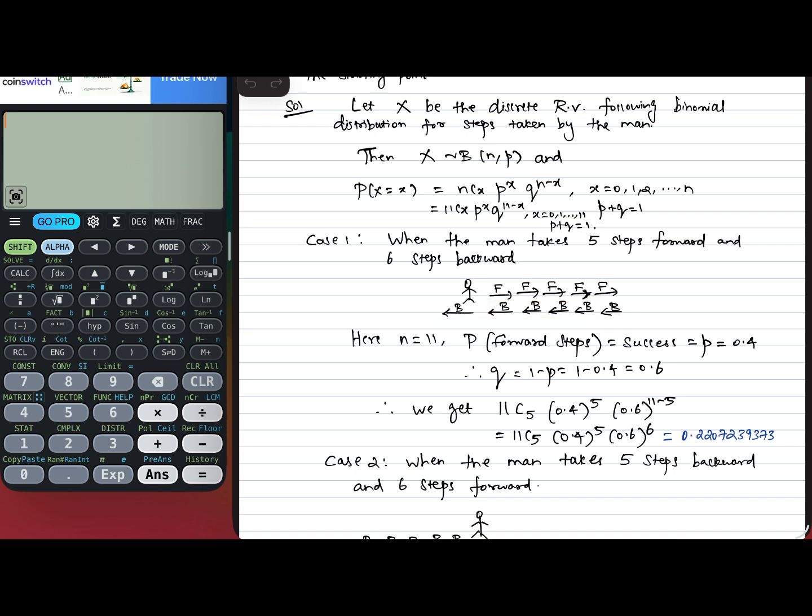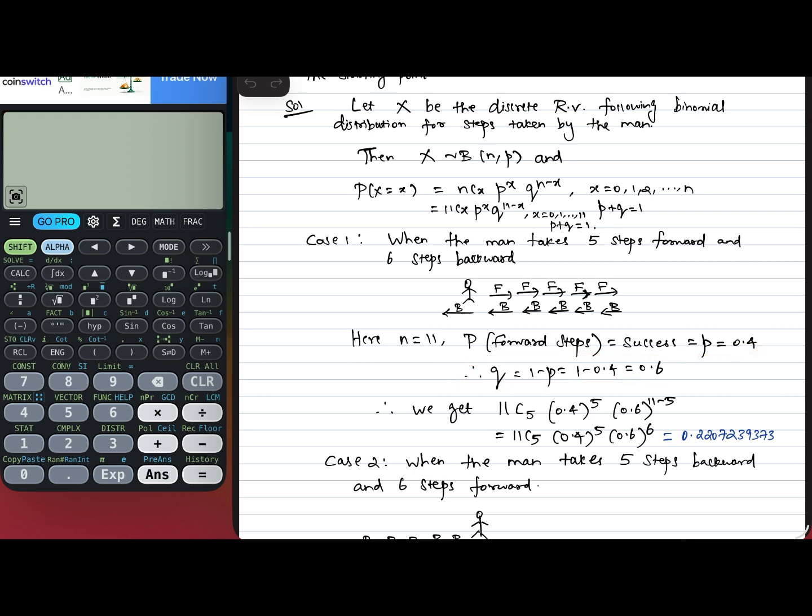Let us see what is the probability of forward steps here. That is considered to be the success. Suppose I consider the probability of forward steps to be success, then the probability value is given here, which is 0.4, and q, which is the backward position, is 1 minus 0.4, which is 0.6. So we got the p and q values.